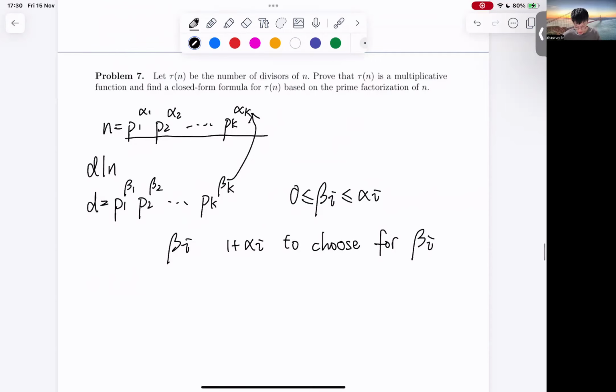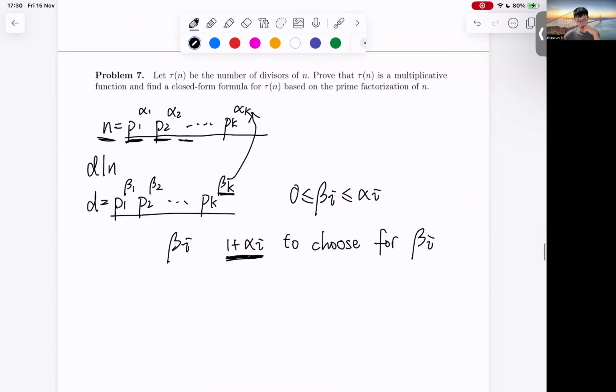So this tau asks for the number of divisors of n. So for each prime factor of the prime factorization of n, we just need to choose among this many choices for each of this prime factor. And since each prime factor is independent, so we choose for this many k, beta, we can choose it like this.